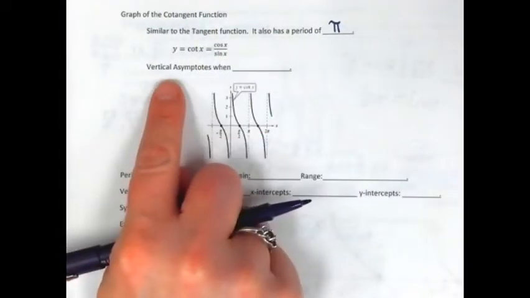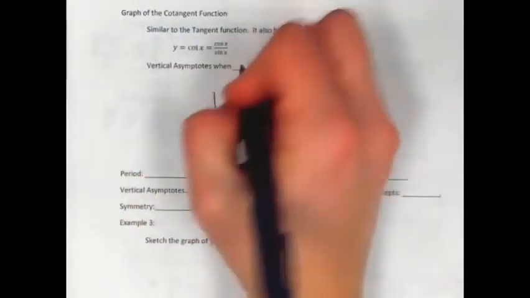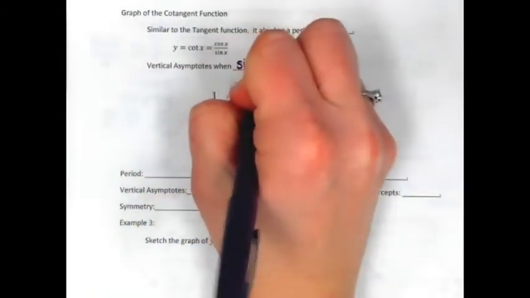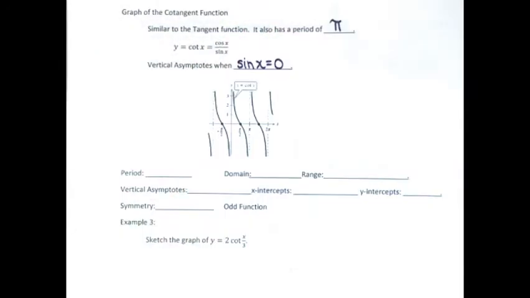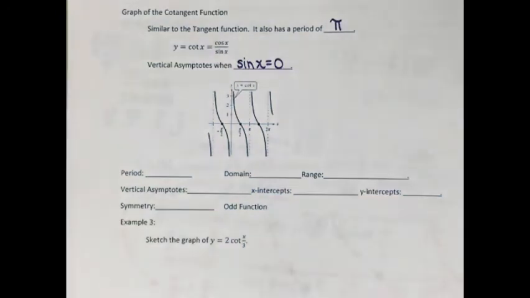So instead of having a vertical asymptote at the cosine of x, we have it at sine. So we will have a vertical asymptote when our sine is 0.